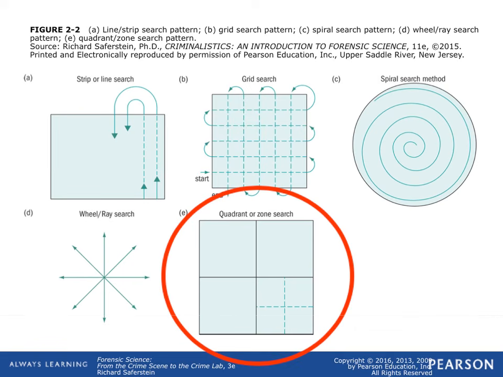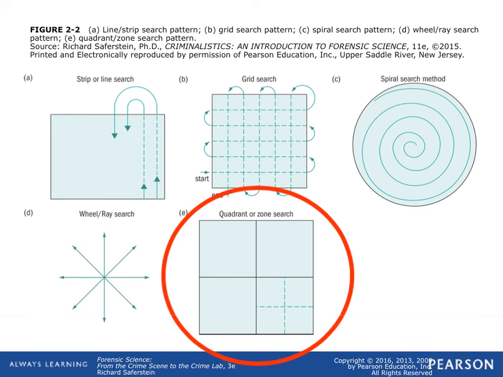Okay, so hopefully this helps to describe the 5 different types of crime scene search patterns, and you can get an idea of the number of investigators that are required to perform the searching. You can get an idea of whether or not it has to have a well-defined boundary or if the boundaries could be less defined. And if there's anything special, so for example, with the spiral search method, you can go either outward in or inward out.